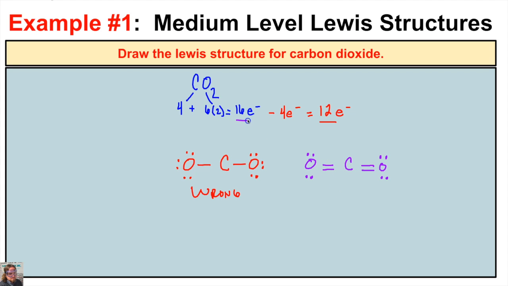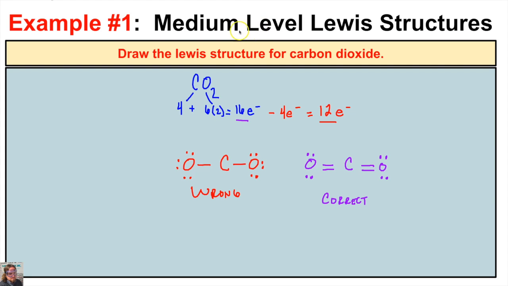And so every one of these atoms now has 8 valence electrons surrounding it. And have we used only 16 electrons total? We have 2, 4, 6, 8, 10, 12, 14, and 16 valence electrons that are now surrounding all of these atoms here. And so this is going to be the correct Lewis structure for CO2, right? This is going to be the correct Lewis structure for CO2.